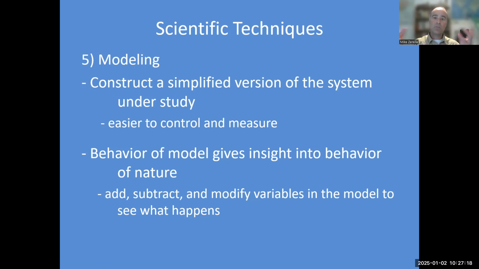We plug all these variables into an equation, in this case computer modeling is the most common kind of modeling, and then we run the equation to see what comes out. So hopefully the behavior of our model, when we change its variables, gives us good insight into the system in nature that we're actually interested in.